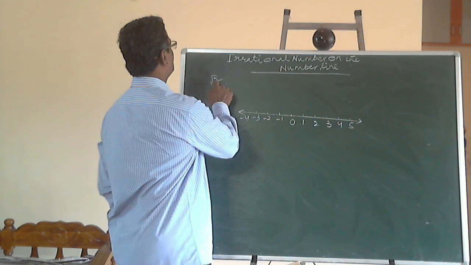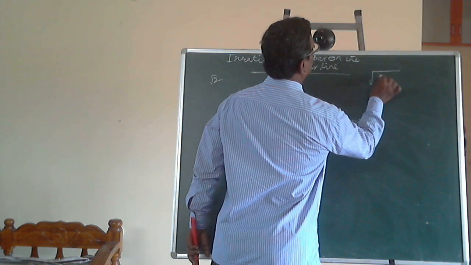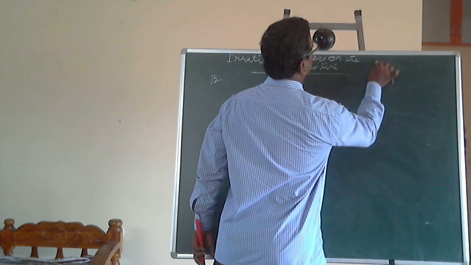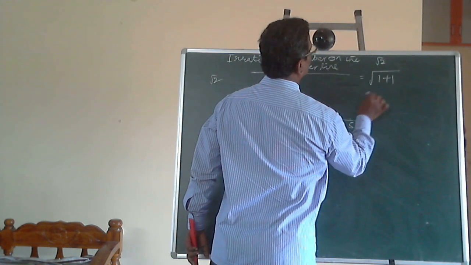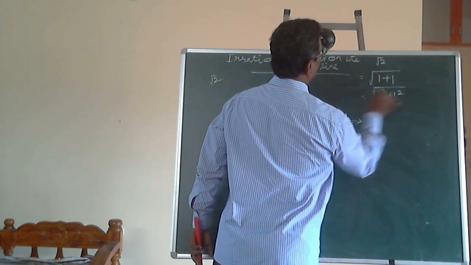Since we want root 2, this root 2 can be written as root of 1 square plus 1 square, the sum of two squares under root. This is the base.